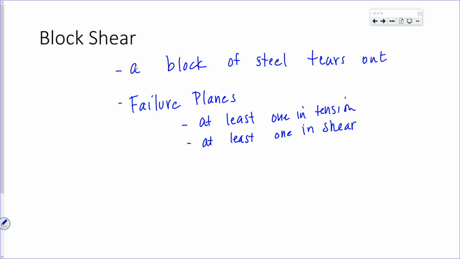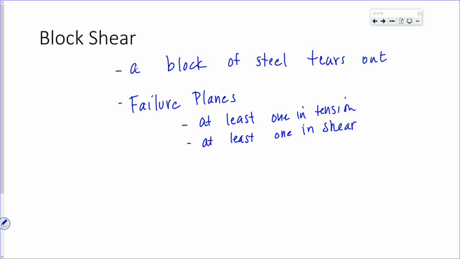Whereas before, when you're talking about tensile rupture, the entire cross-section ruptures or fractures. Now we're talking about only a portion of the cross-section. And it's going to have failure planes, at least one in tension and one in shear.